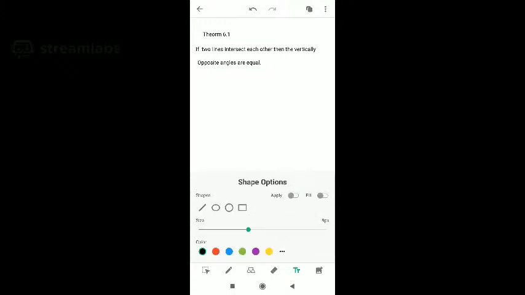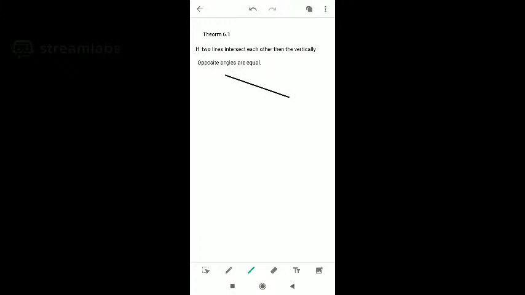So at first we will draw the diagram. The diagram will be like this. I'm taking line AB, this is line CD, and they are intersecting at point O. I'll mark the angles: this one I'm marking as 1, this one as 2, this one as 3, and this one as 4.